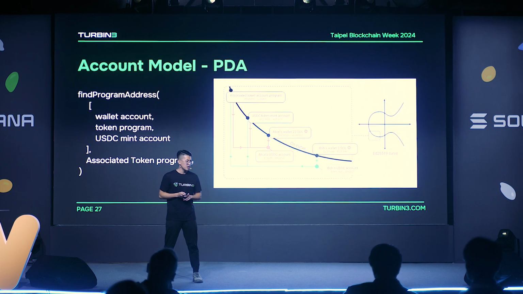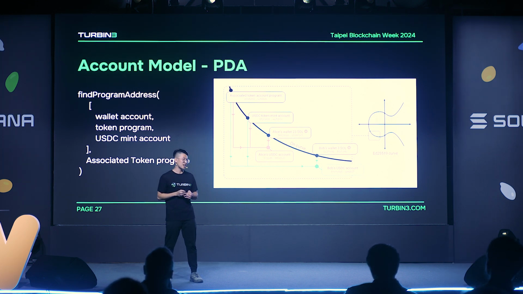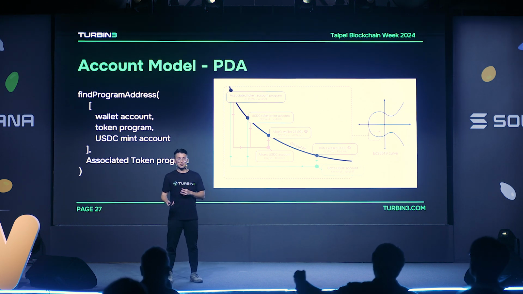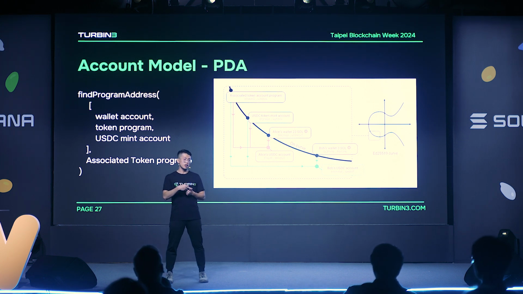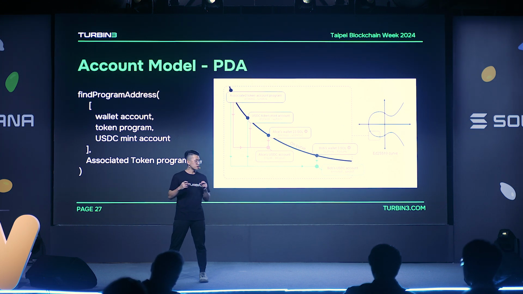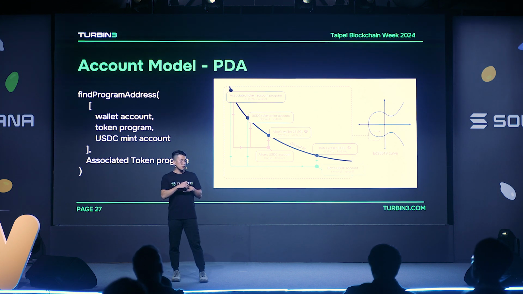Yep. And most PDAs people are using these days are token accounts themselves. So how we calculate a token account is that we use the wallet as one of the seeds, and then the token program, and also the token mint you are using, and the associated token program.